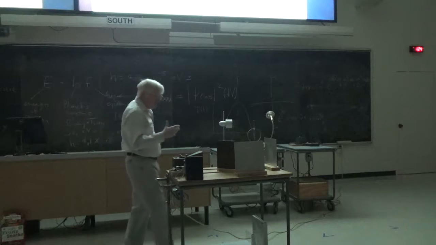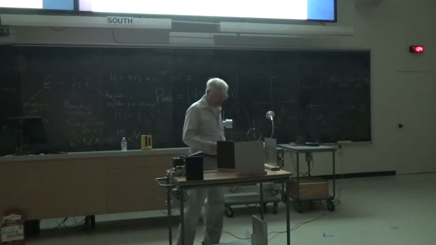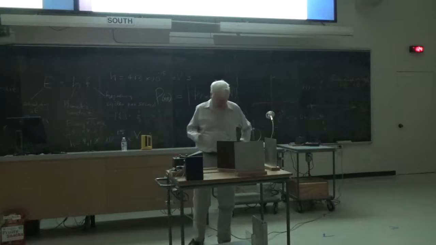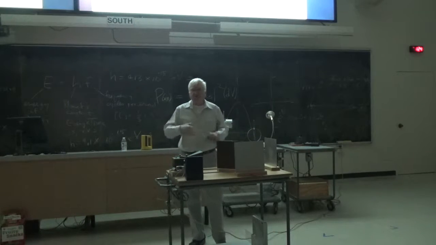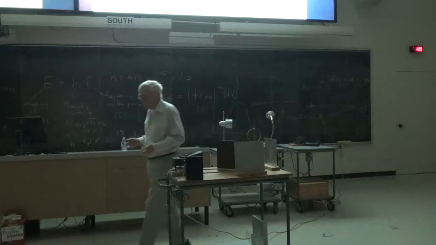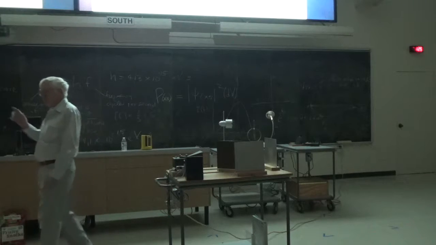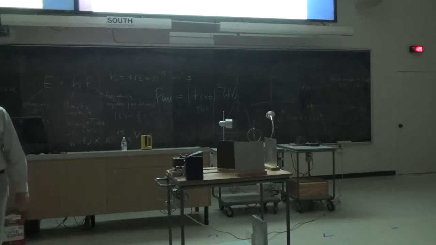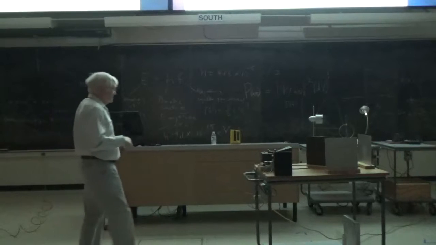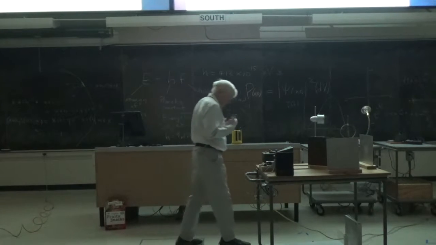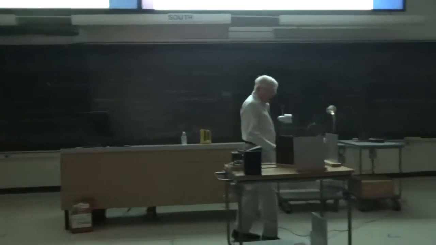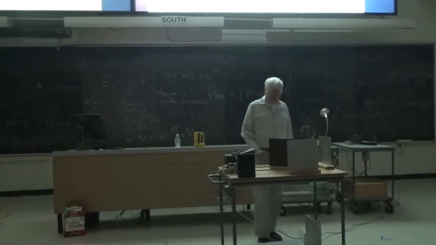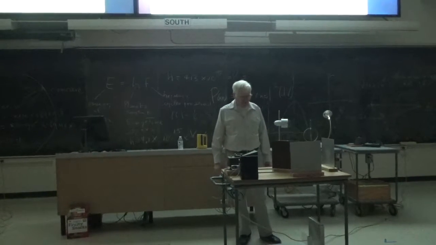And so the wave properties are much easier to see, and in fact it's hard to see the particle properties at all, because in order to detect these photons of such low energy, because the waves are so long, the frequency is so low, that each individual photon has almost no energy at all.